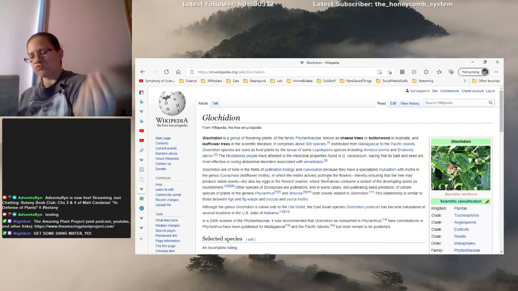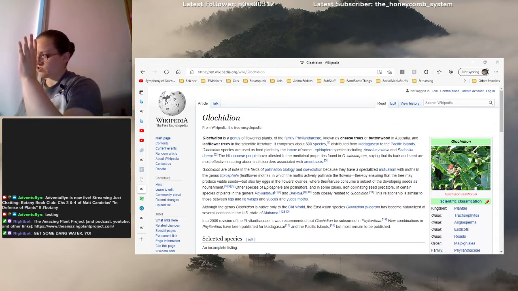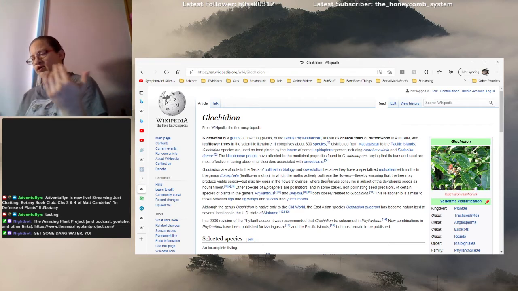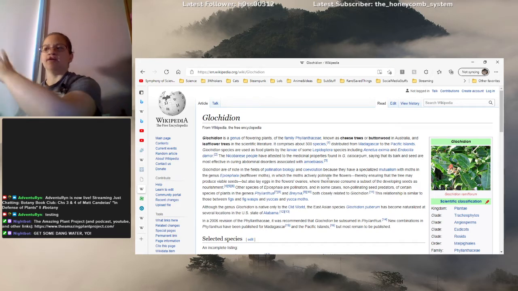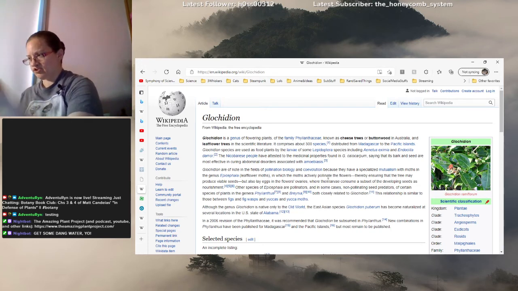there's no immediate food reward for the moths, but there's male and female flowers, and the moth goes to the male flowers and then to the female flowers, picking up the pollen and depositing it, and then lays its eggs in a particular section of the flower so that when the fruit is developing, there's a food source for the moth larvae.